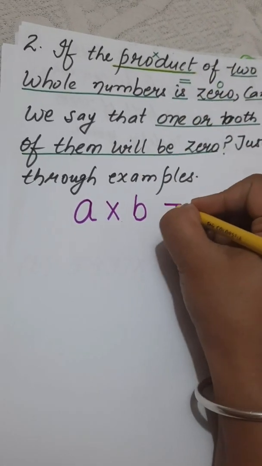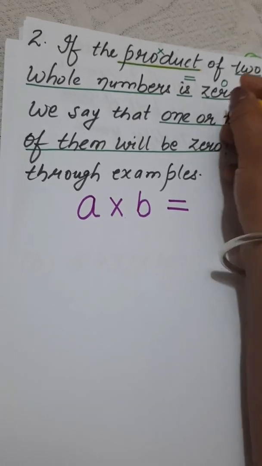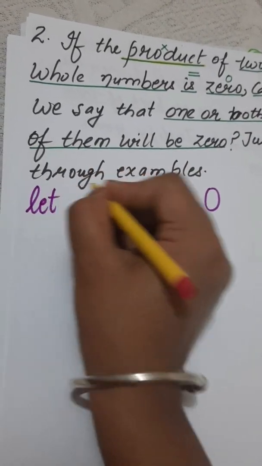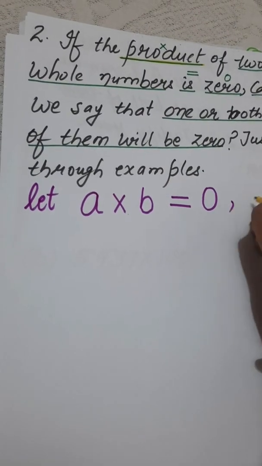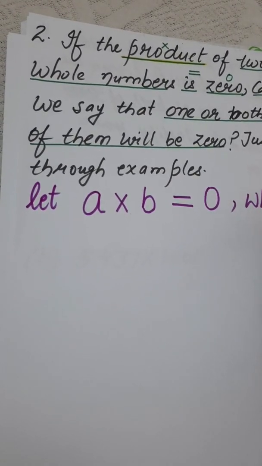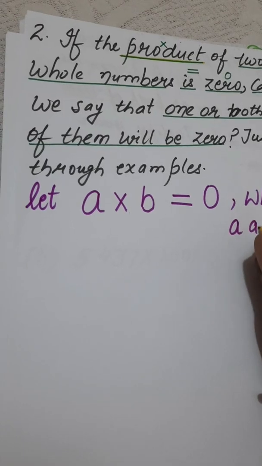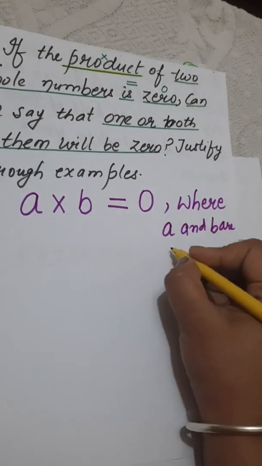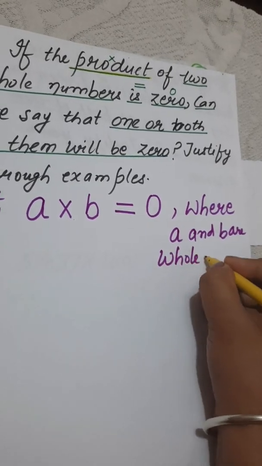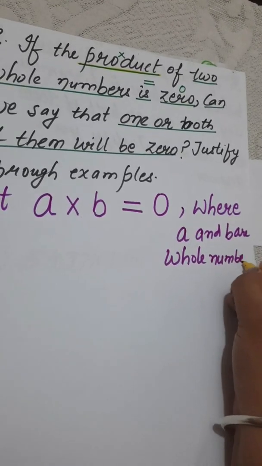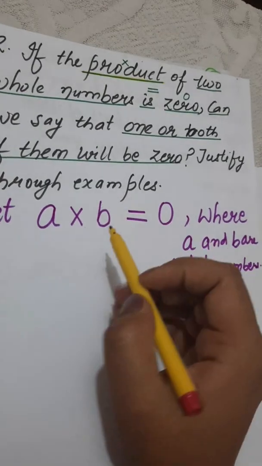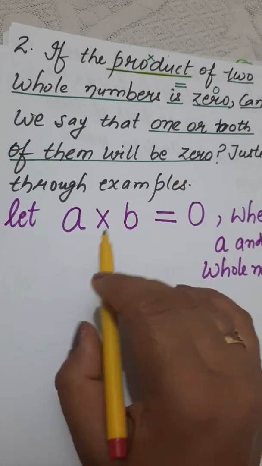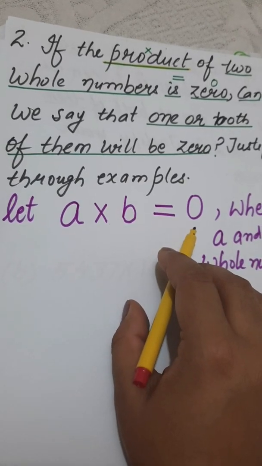So let A multiply B is equal to 0, where A and B are whole numbers.